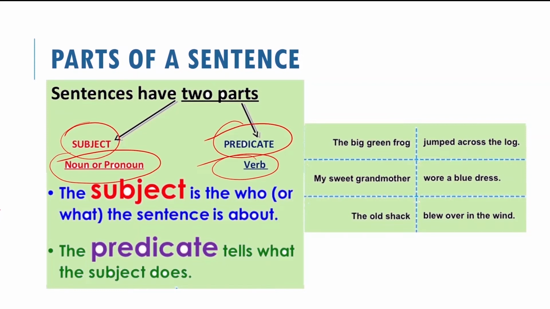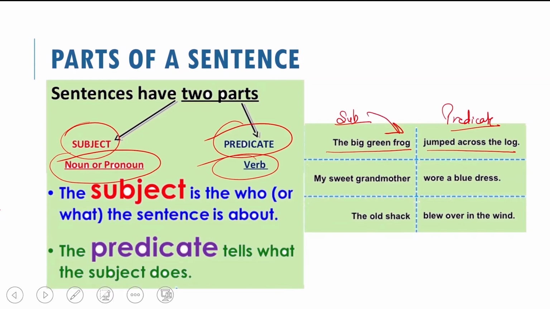Look at these examples. The big green frog jumped across the log. Here, subject is the big green frog and predicate is jumped across the log. Subject is the noun-based part of the sentence and noun is frog here, and predicate is the verb-based part of the sentence, which is jumped. So what did the frog do?